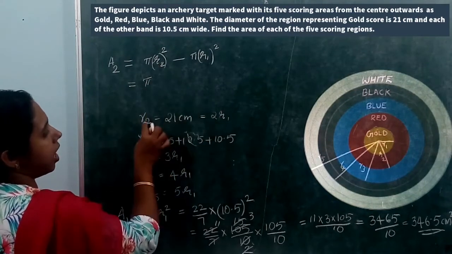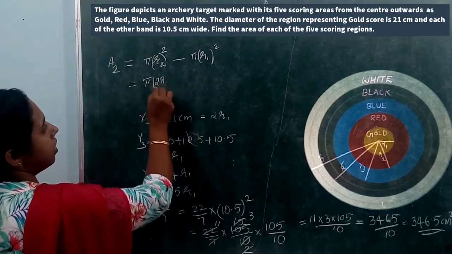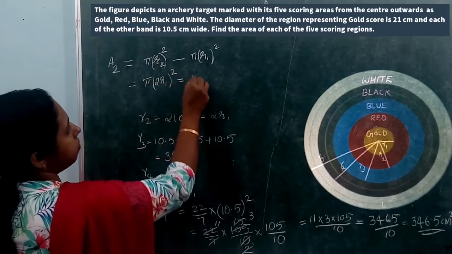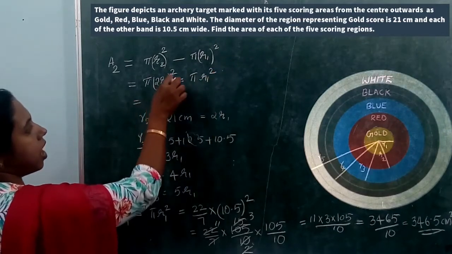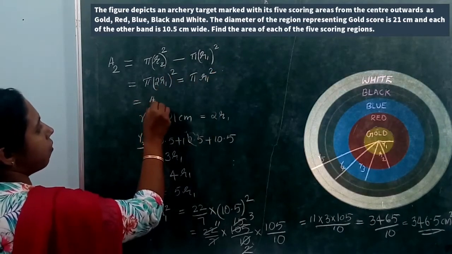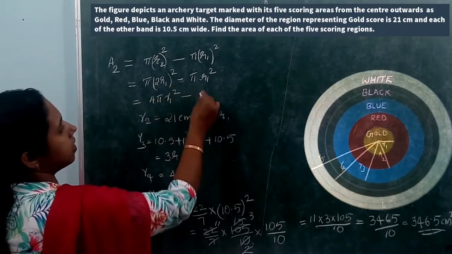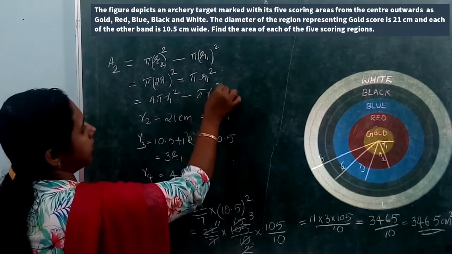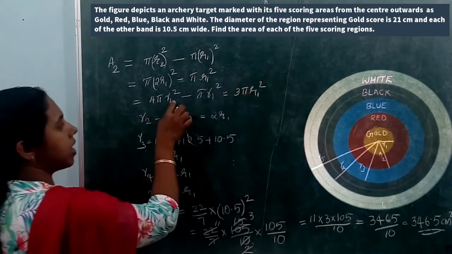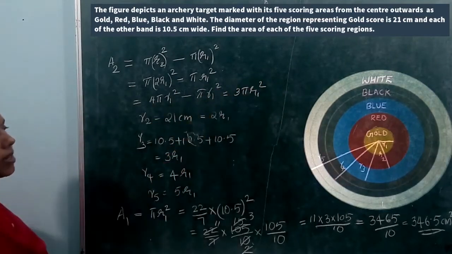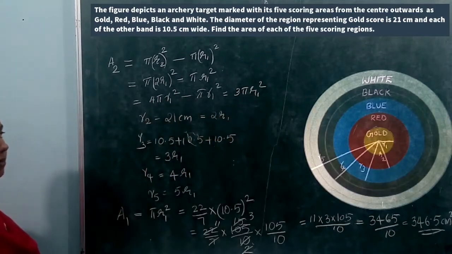So instead of r2, we can write it as 2r1. So 2r1 whole square is 4 pi r1 square minus pi r1 square, that is equal to 4 minus 1, 3 pi r1 square.